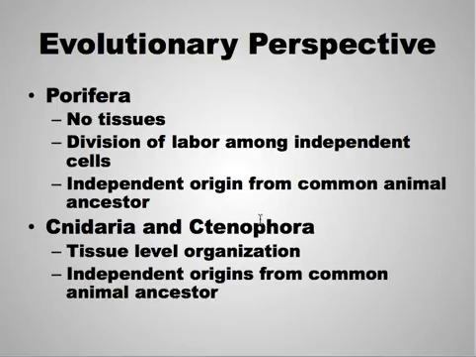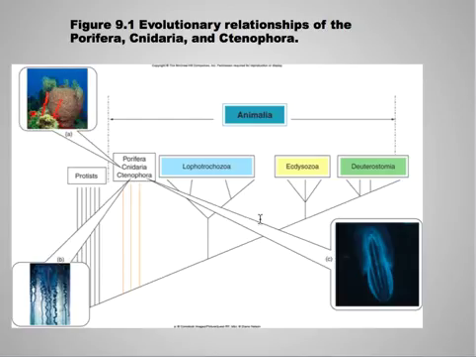These actually have tissue level organization and different common ancestors. So if we're looking at these groups evolutionarily, you have protists first, and then all those three groups branching off before we get groups that include mollusks, annelids, which are earthworms, the platyhelminths, which are the flatworms, and a few other small groups.